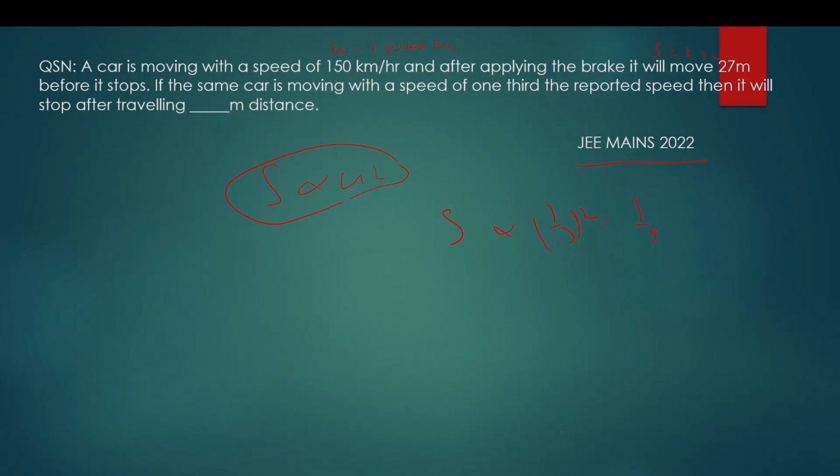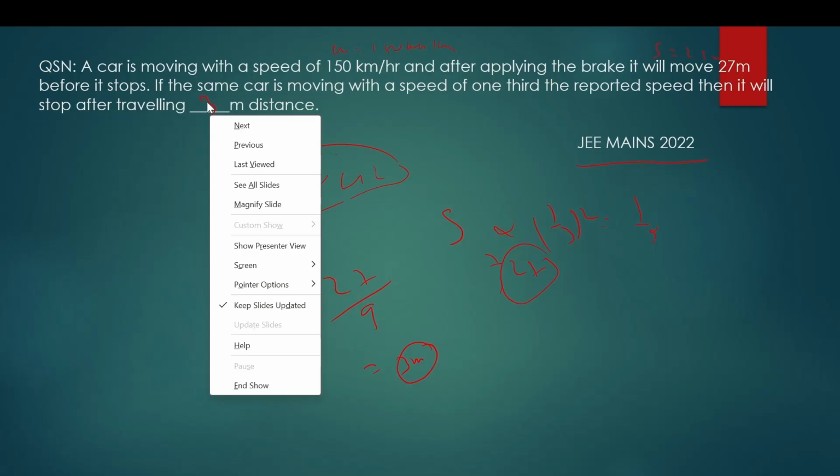So previously this was given 27, so now it will become 27 by 9. So 3 meter is the stopping distance.